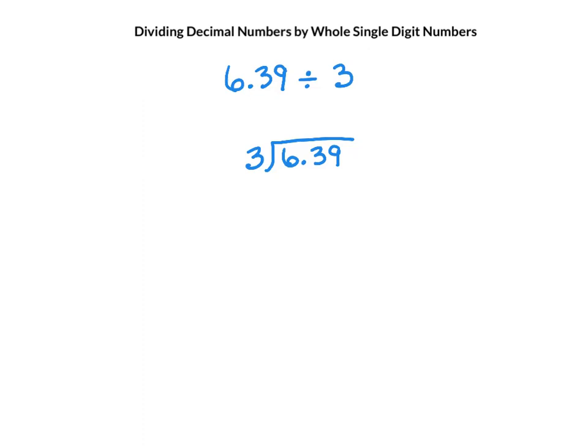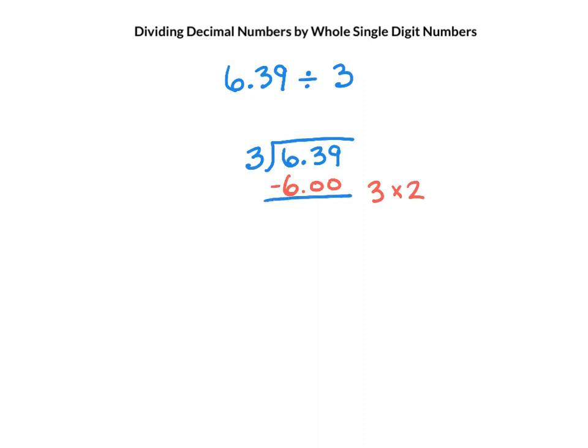Now right off the bat, I can see that if I multiply 3 by 2, I'll get 6. So I can get rid of my 6 right away. I'm going to use red on the side now. 3 groups of 2, and I can get rid of my 6.